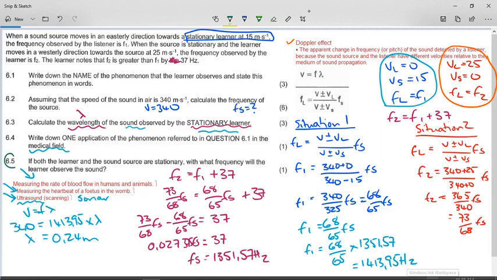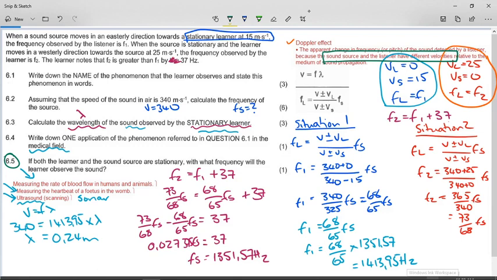Now, in question 6.5, if both the listener and the sound source are stationary, with what frequency will the listener observe the sound? So now the whole Doppler effect relies on the sound source and the listener having different velocities, okay? You only get the Doppler effect if the moving object travels towards you and away from you, or you travel towards and away from the sound source.